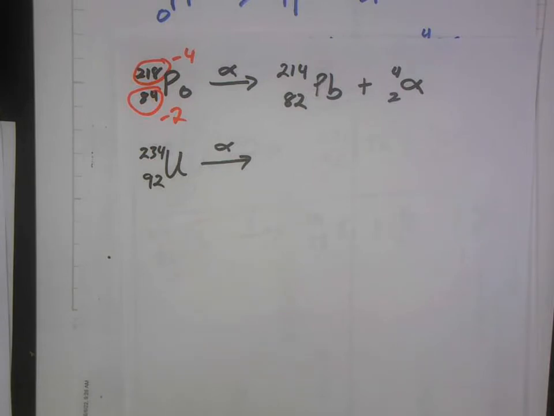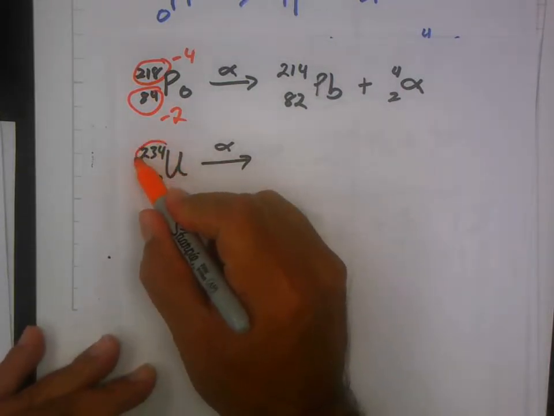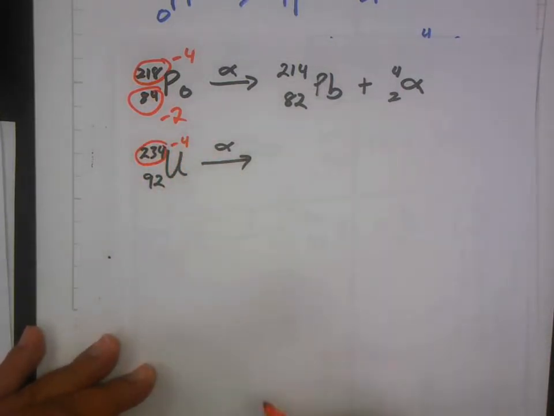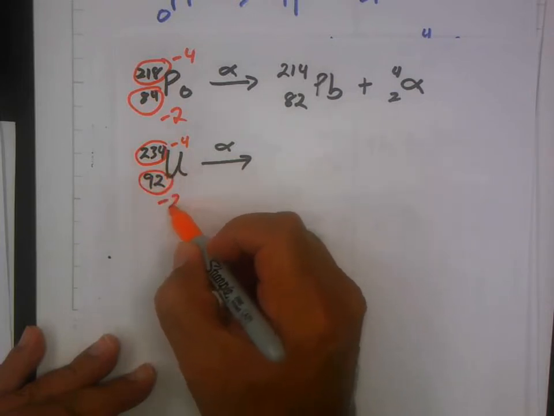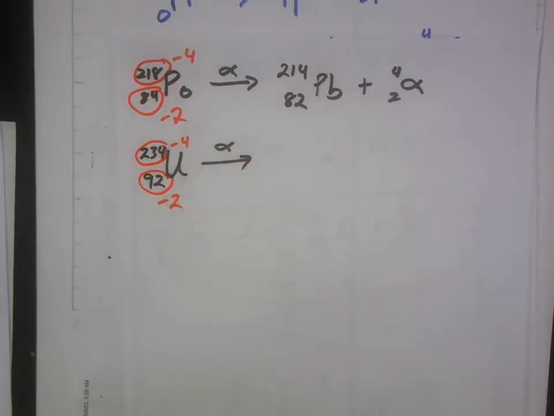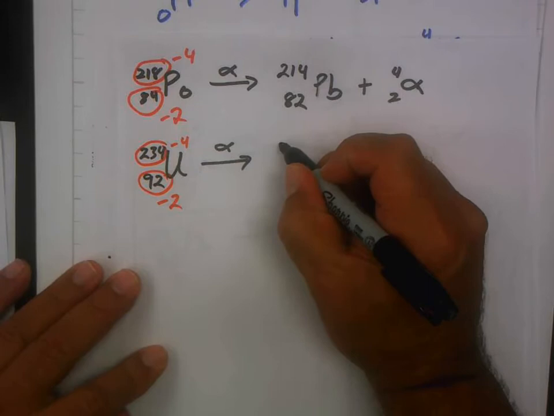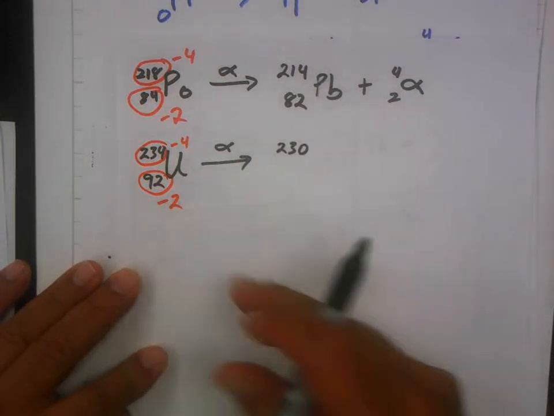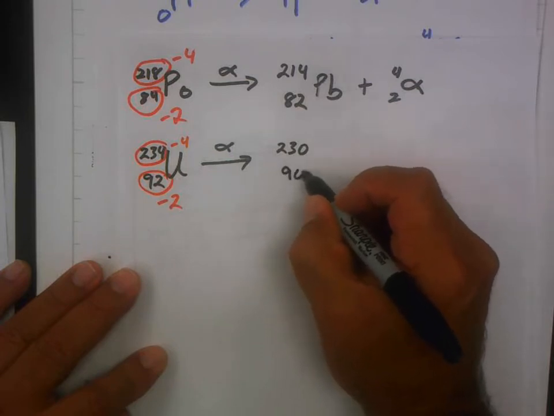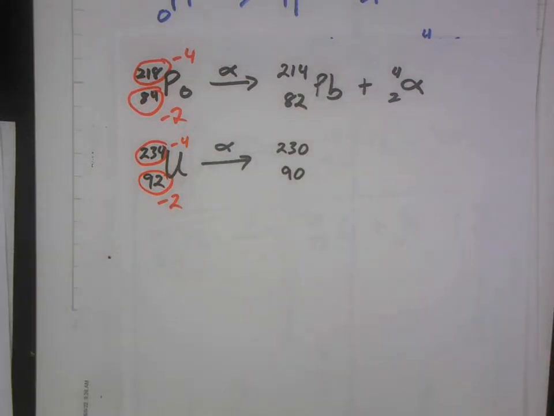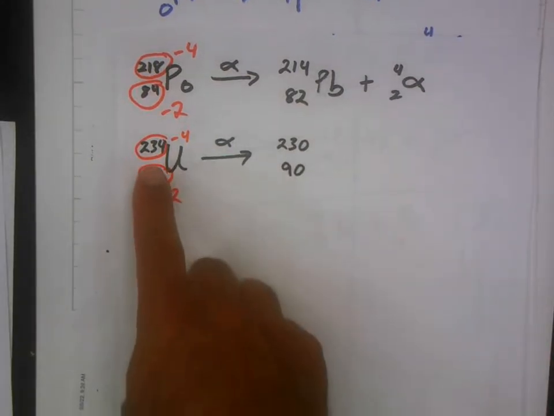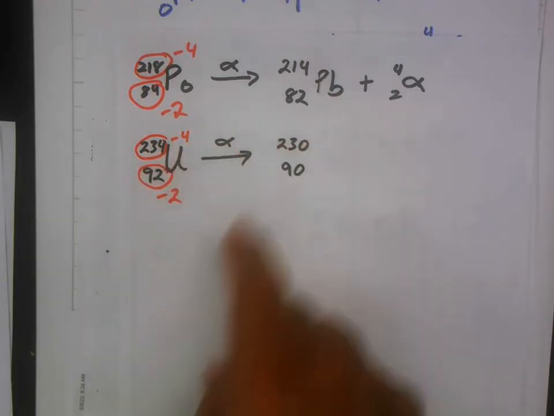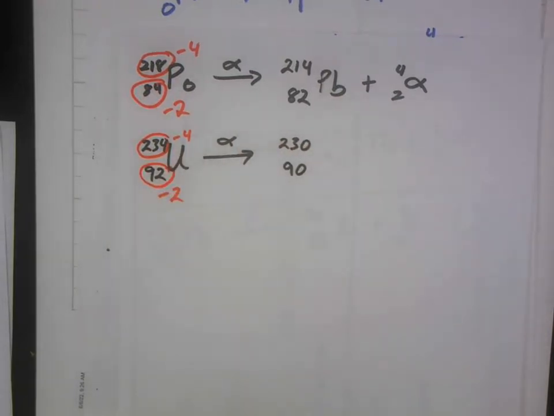Once again, just like we did before, we subtract 4 from the mass number, subtract 2 from the atomic number. So 234 minus 4 is 230. 92 minus 2 is 90. Okay. Everyone good with that? Subtract 4 from this number, you get that. Subtract 2 from this number, you get that.